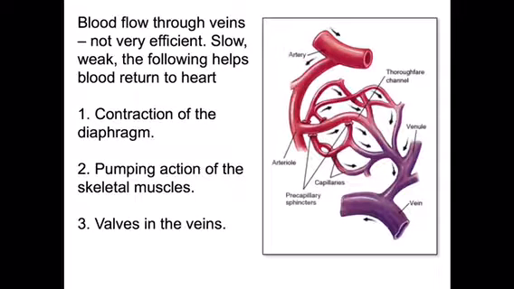So blood flow through the veins is not super efficient. It's very slow. It's kind of weak. So it needs a little extra pumping action from the skeletal muscles to help it return to the heart. So that's why sometimes you see older people that have some really swollen legs.